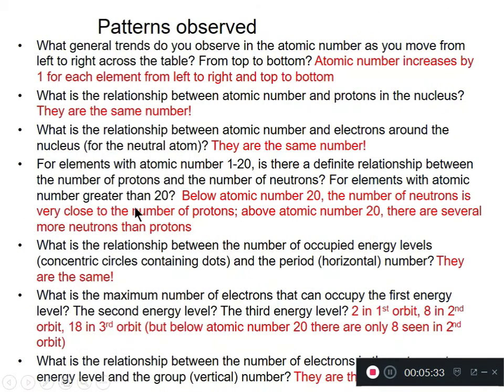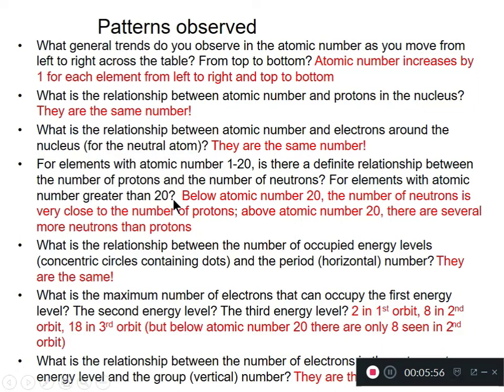Okay, so let's sum that up. The atomic number increases by 1 for each element from left to right, and then from top to bottom, meaning if I go from left to right first and then top to bottom. What is the relationship between the atomic number and the protons? They're the same. It's also the same number of electrons around the nucleus.